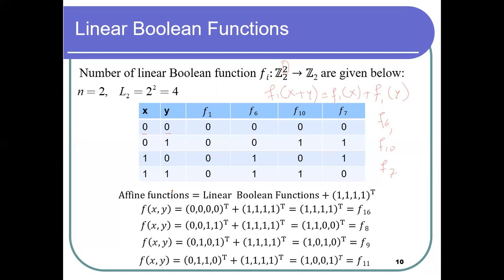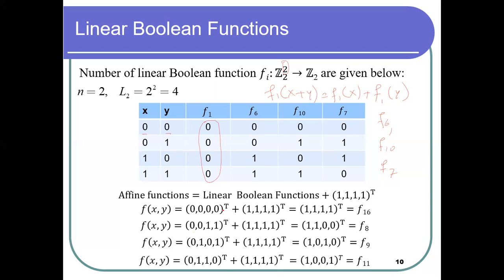So what are affine functions? If we add a constant vector to these linear Boolean functions, we get affine functions. I can write it in short form by taking the transpose, so instead of column-wise I write it row-wise.